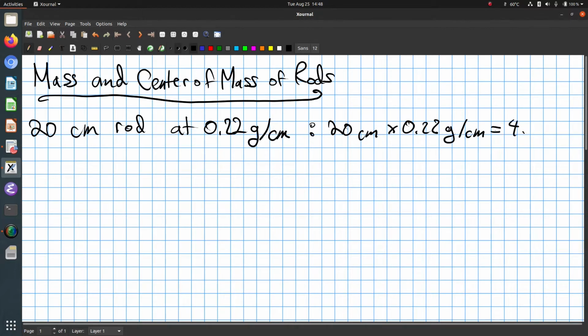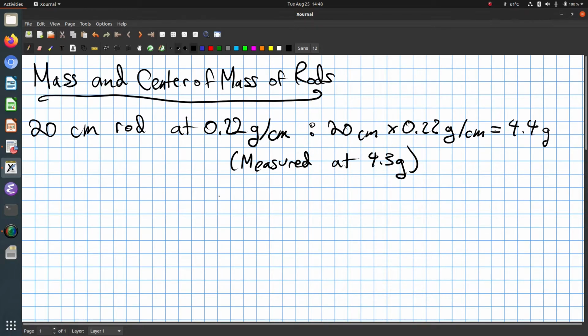And that gives you 4.4 grams. Pretty close to the measured value of 4.3. Now, what about another sort of more funny shaped rod?